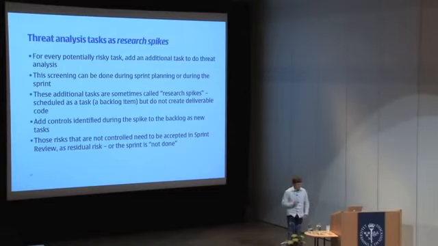Research spikes are traditionally used when a development team is about to create something that they don't know whether it works or not. So they would like to build a small prototype.